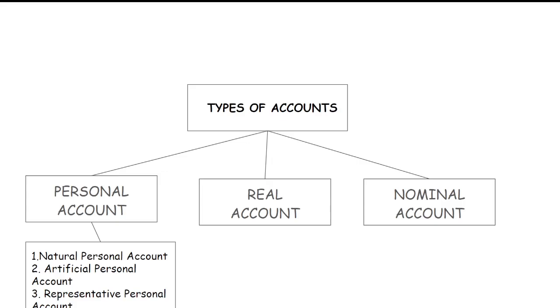And if you consider income, right from sales to your other incomes like profit on sale of asset, or income like interest received, commission received, etc., are considered as a nominal account. So these are mainly three types of accounts.